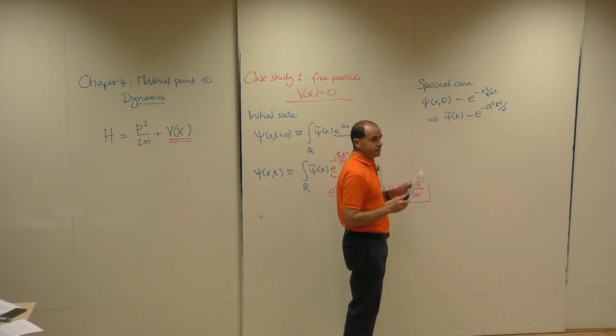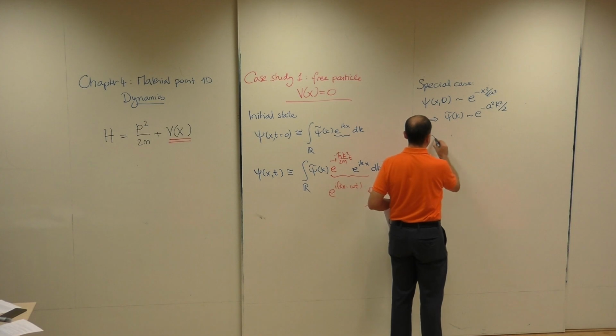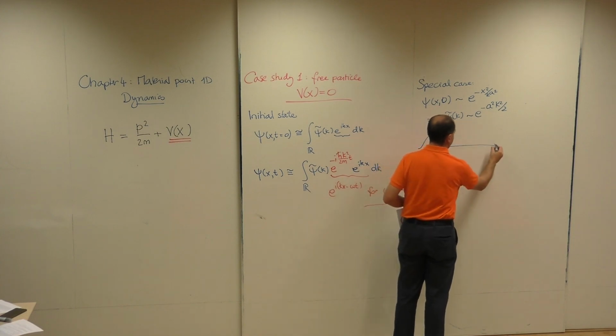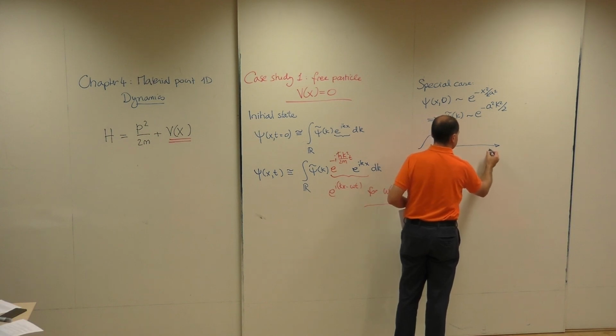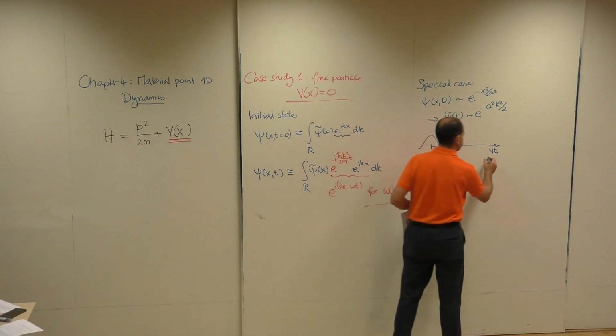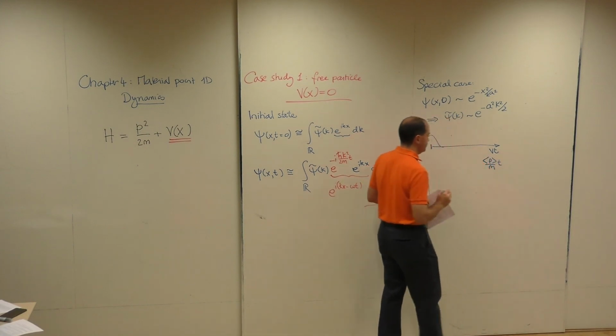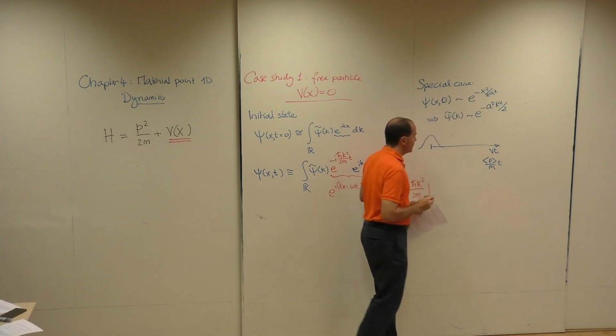And then what happens here? Well, you have an initial wave packet that looks like that, and the center is moving with speed v, and v is just p over m. That's the center of mass.